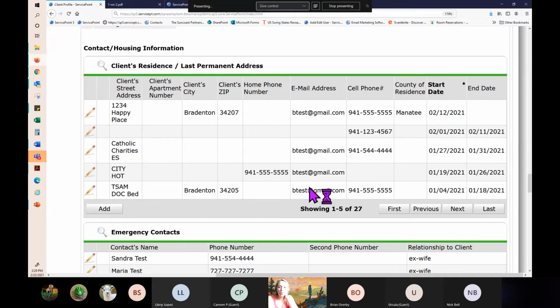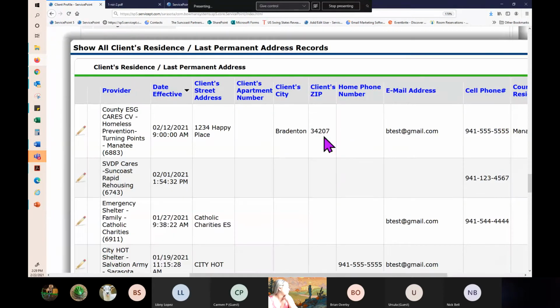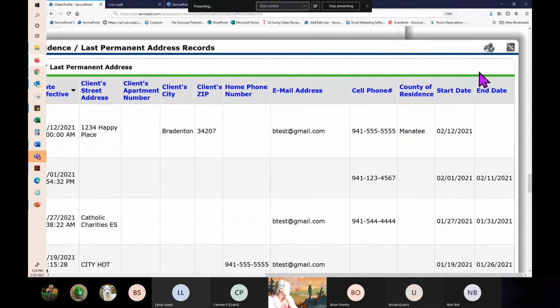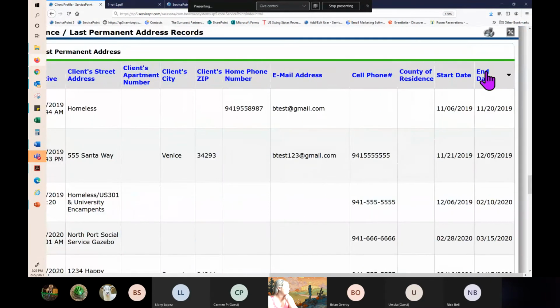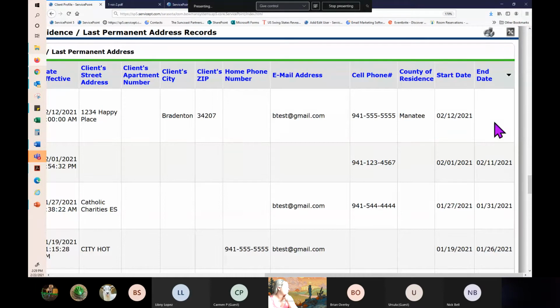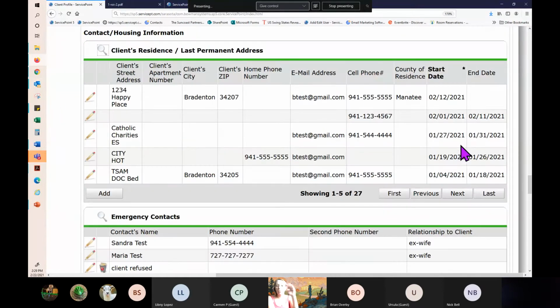If there are old residents on here, let's see, anything that has an open end date. So it's just that location. If you guys see multiple dates that are not current and correct, please end them.